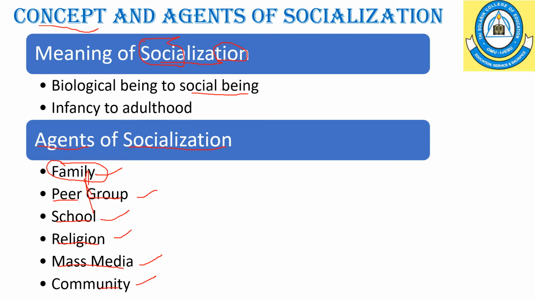Now let me start by discussing how vital and important family is as an agent of socialization. Family, as you all know, is a unit which consists of father, mother, and the children, or the extended family, or it comprises a group of people that live under the same roof, whether they are blood related or not.